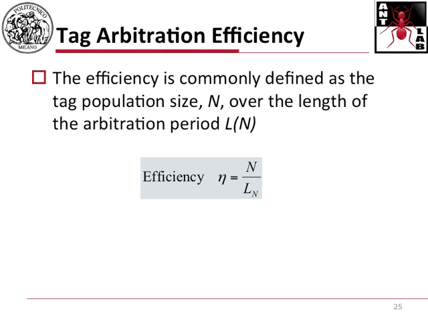So, this is a kind of recurrent formula in the sense that we will use it today very often. So let's stop here for 1 second. This efficiency, which is defined as eta, is defined as the population, so the number of tags which is to be resolved, big N, which, just to remind you, is a fixed but unknown number. We don't know it in advance.